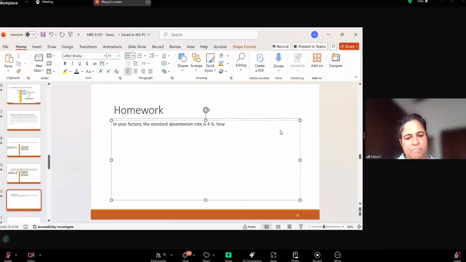However, recently it has gone up to 22%. Identify the learning gap. Okay, so do this as homework.